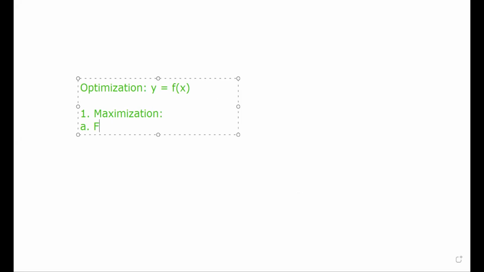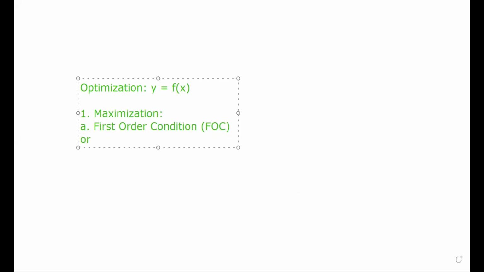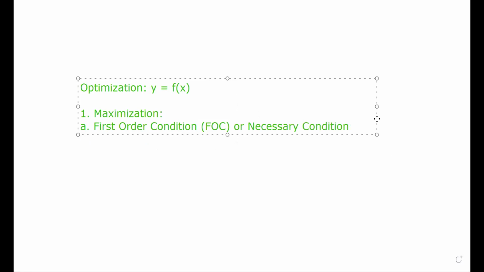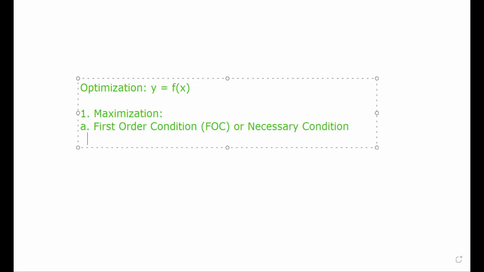First, we call it the first order condition, FOC, or necessary condition. Here, the necessary condition of maximization is dy over dx should be 0.